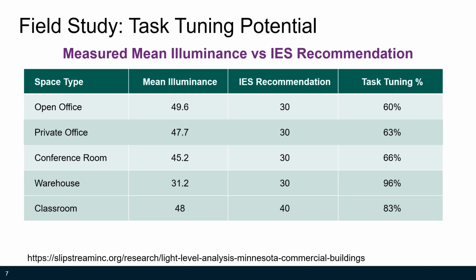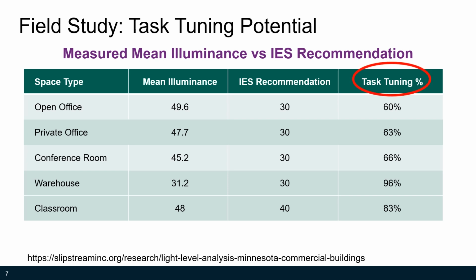We compared measured light levels or luminance levels within industry standard recommendations as defined by the Illuminating Engineering Society. It's important to note that the Unified Facilities Criteria recommendations or requirements are based on the IES light level recommendations. Summarized here are mean measured values, IES recommended illuminance values, and the task tuning percentage.